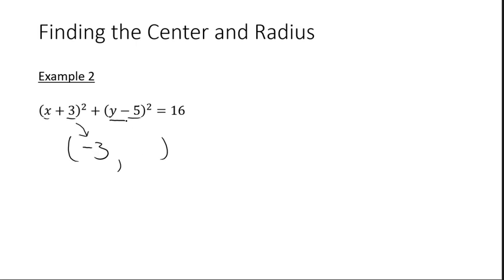And this number with the y, we change the sign to get a +5. So your center is at the point (-3, 5). And then your radius is found by taking the square root of 16, which would be 4, because 4 squared gives you 16. So the radius is 4.